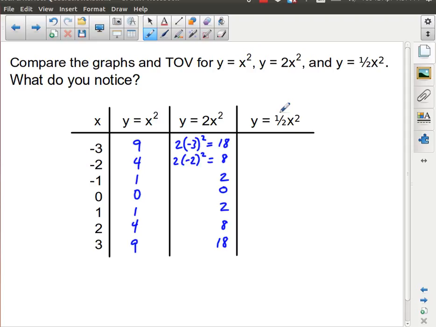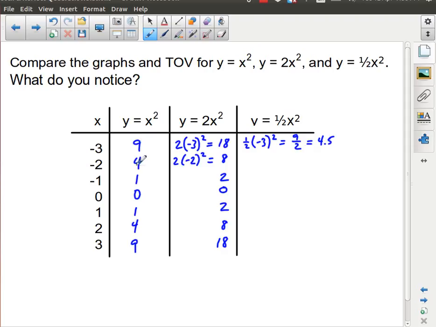Similarly, this time I have this multiplying factor of 1/2. So I can do 1/2 of -3 all squared. Well, that's 1/2 of 9, which is the same as 9/2, or you could write that as the non-repeating decimal of 4.5, whichever you're more comfortable with. Well, 4.5 is half of 9.